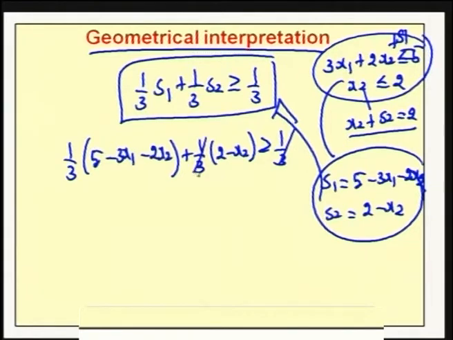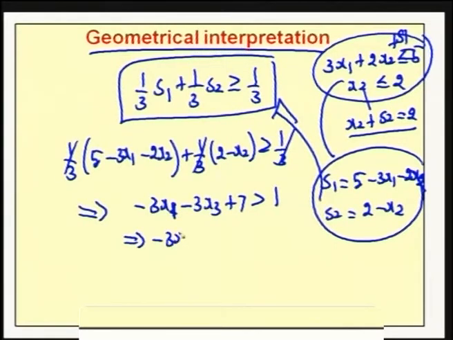Now, by cancelling the 1 by 3 and simplifying, we get minus 3x1 minus 3x2 plus 7 greater than or equal to 1. We rewrite it as minus 3x1 minus 3x2 greater than or equal to minus 6.